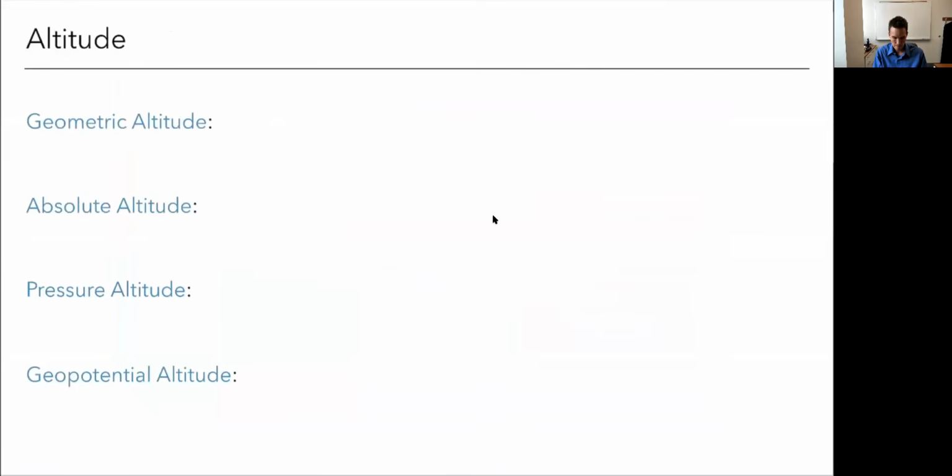Okay, just to recap here on the different altitudes, we talked about, I think, each of these, but I just want to refresh here and make sure we use it. Geometric altitude, that is your geometric height above sea level.